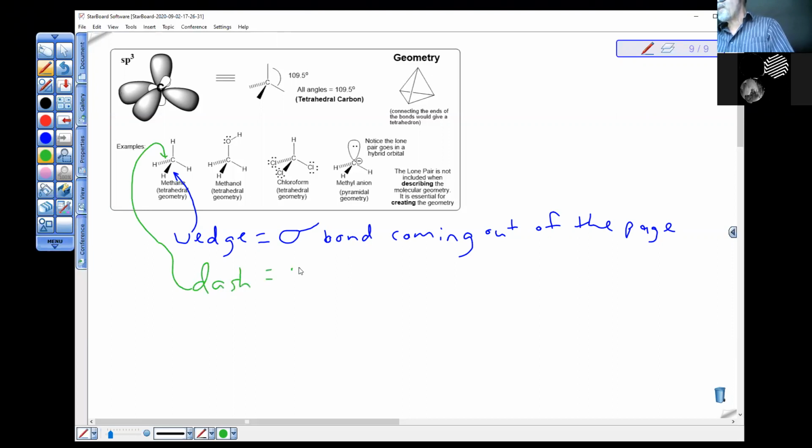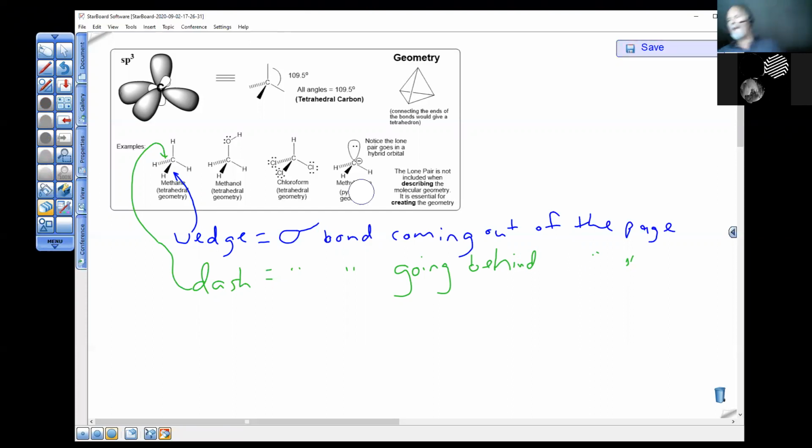It's a sigma bond going behind the page.